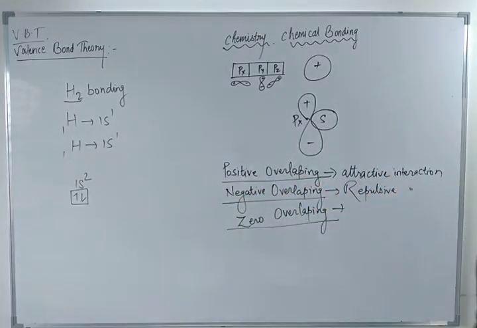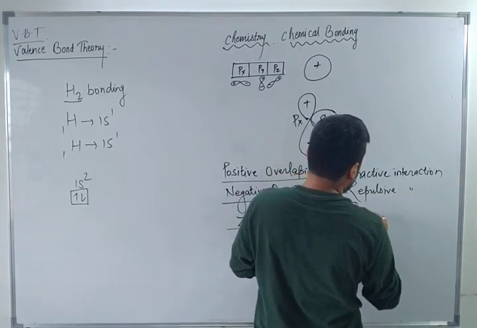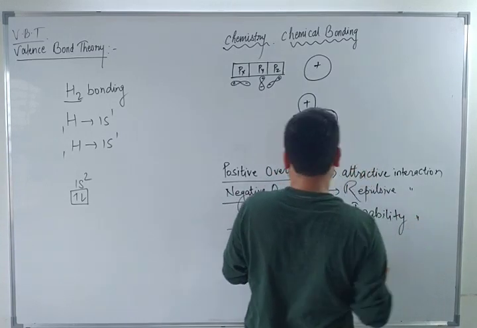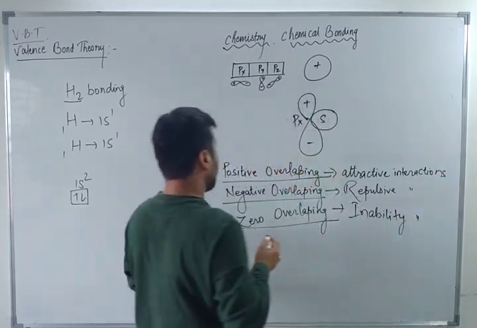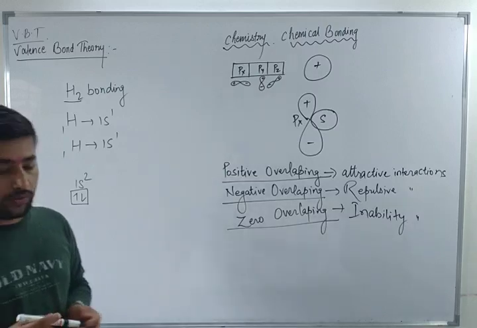You can ask me, sir, in zero overlapping there is no ability of interaction, inability of interactions. Okay, so as you have seen, positive overlapping, negative overlapping and zero overlapping.